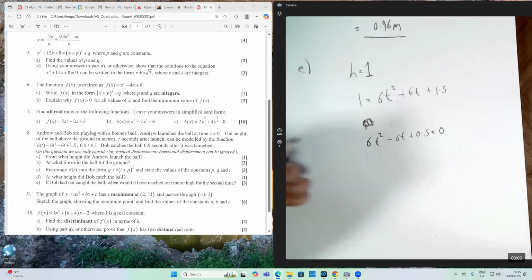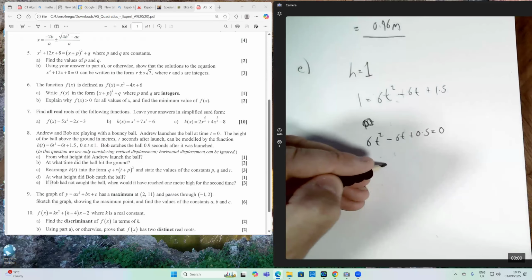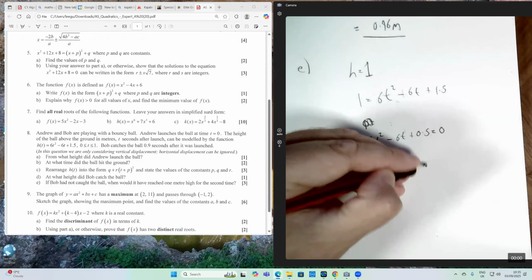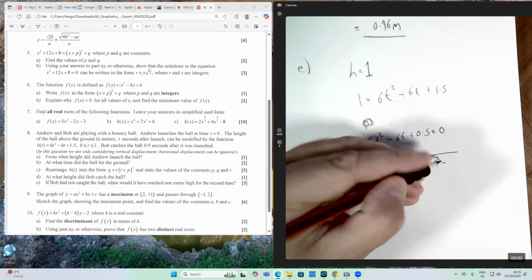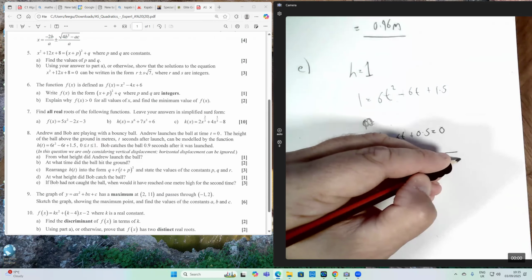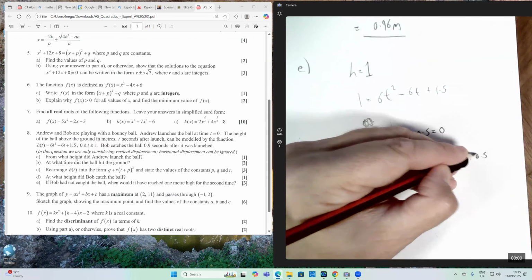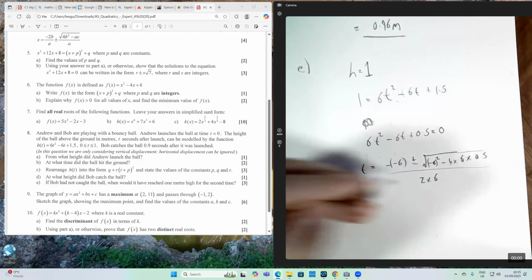Okay, so let's solve that by putting it into the quadratic formula. t is equal to minus minus 6, plus or minus the square root of minus 6 all squared minus 4 times 6 times 0.5, all of that over 2 times 6.